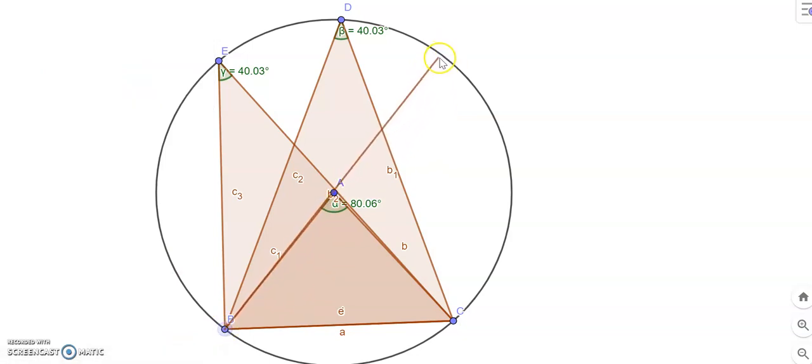Then I want to make it different, so it has to pass through the center there. Make sure that it passes through the center. Then let me just have it at this point, different from the rest. So now I have my diameter BAF. You see, BAF is my diameter.